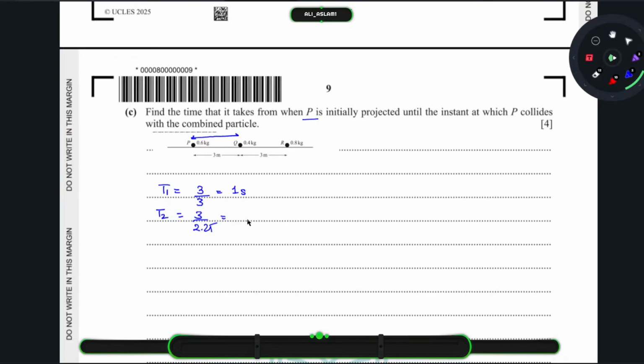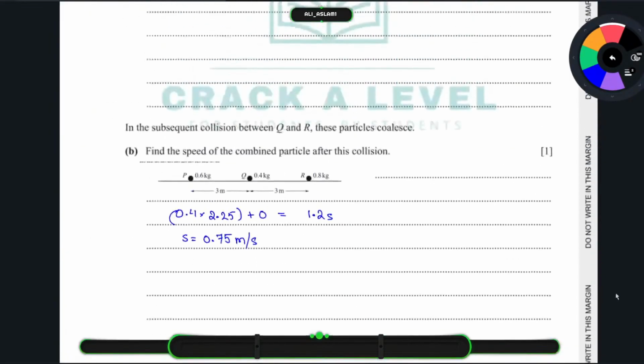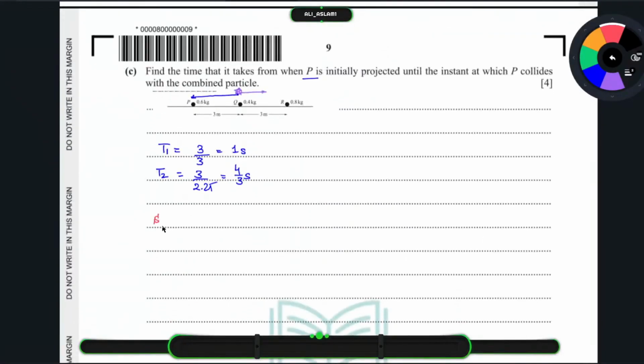4 by 3 seconds. In the same time period, P would also have traveled a certain distance in the 4 by 3 second time period, because it was also moving with speed 1.5. So we'll find S, the distance traveled by P in those 4 by 3 seconds.